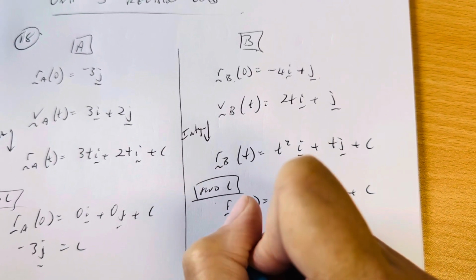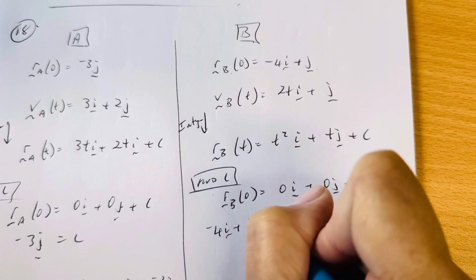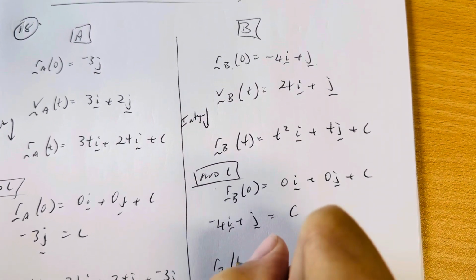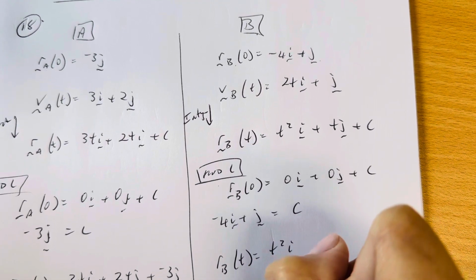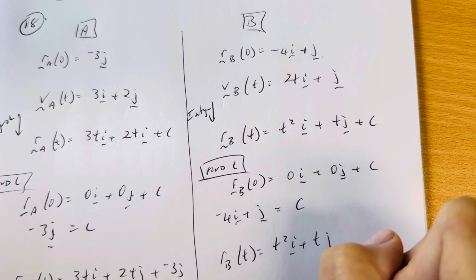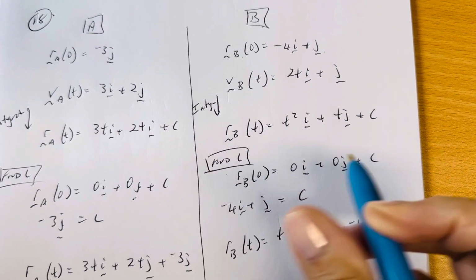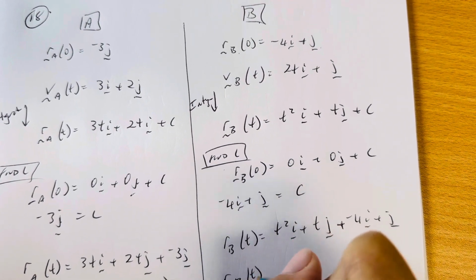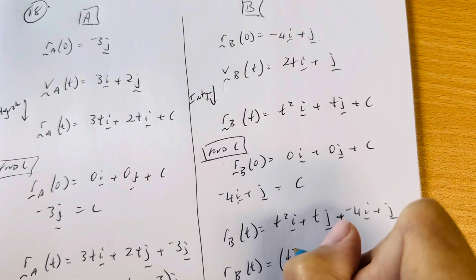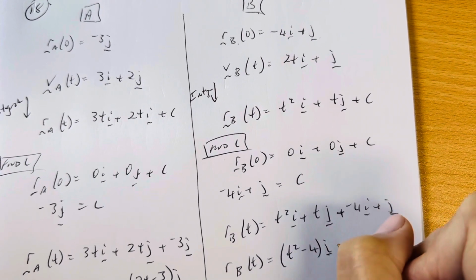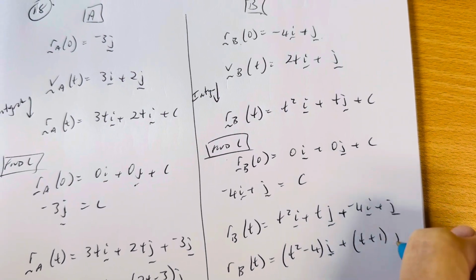RB0 I know is negative 4i plus j, so that's my c. So RBT is t squared i plus tj plus negative 4i plus j. So RBT is (t squared minus 4)i plus (t plus 1)j.